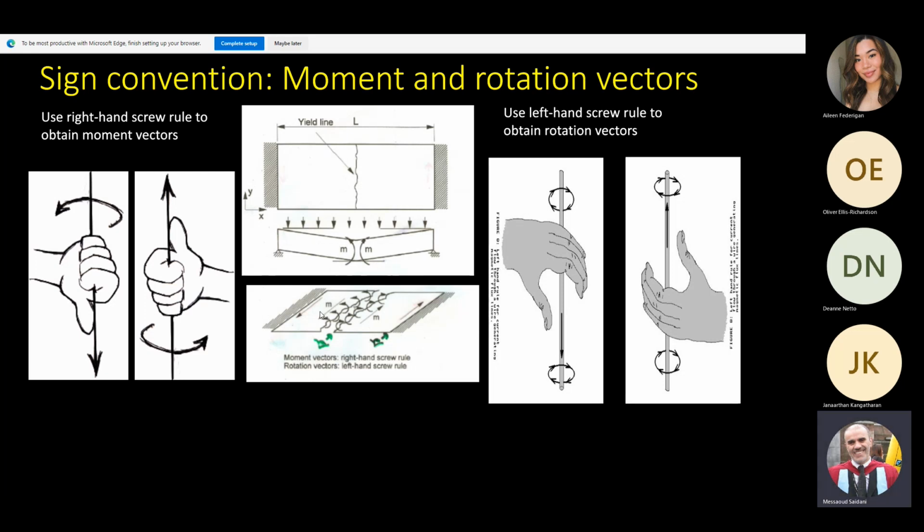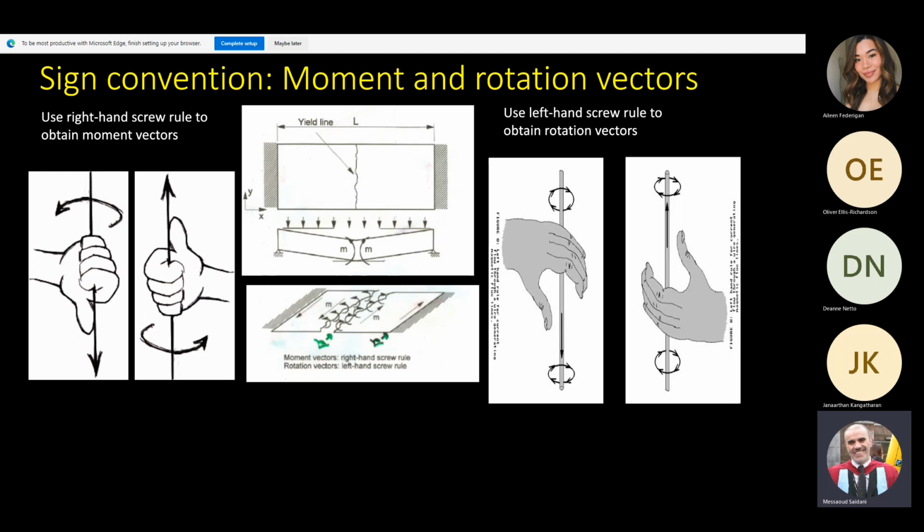The key thing to remember is that you use the same hand, right hand, for all regions of the slab. So you mimic the direction of the moment with the palm of your hand, and the thumb will give you the direction of the moment.